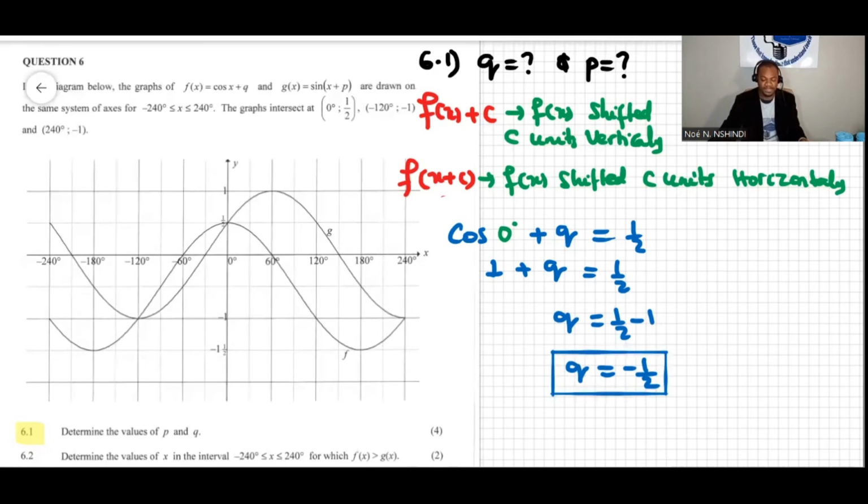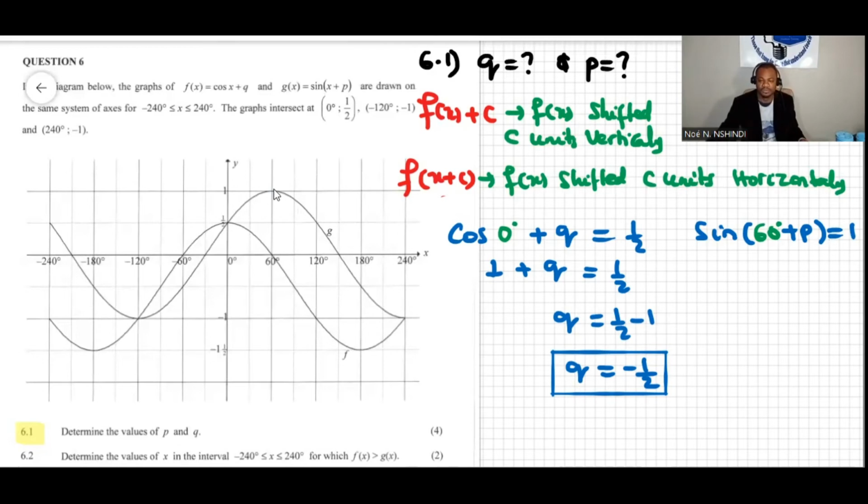Similarly, if I look at sine of x plus p, I can select a number, 60 degrees here. If x is 60 degrees, the value is equal to 1. So sine of 60 degrees plus p is equal to 1.